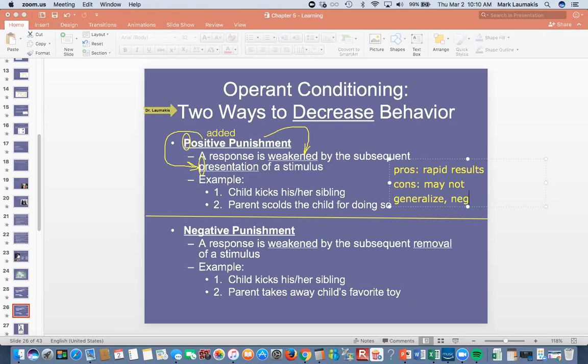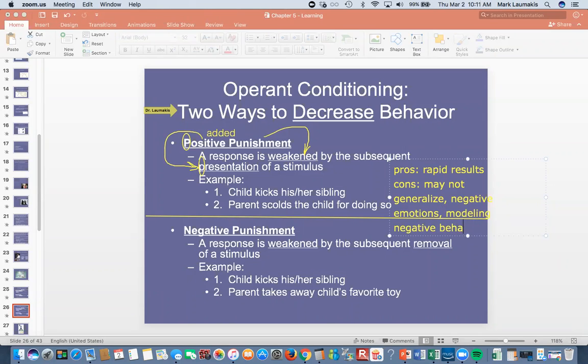Second drawback here is the possible eliciting of negative emotions in the receiver of the punishment. Now I'm afraid of my dad or my mom because all they do is yell at me, wag their finger in my face, and smack me upside the head. Okay, that's a potential second drawback to positive punishment. And the third concern would be that we are potentially modeling negative behaviors.